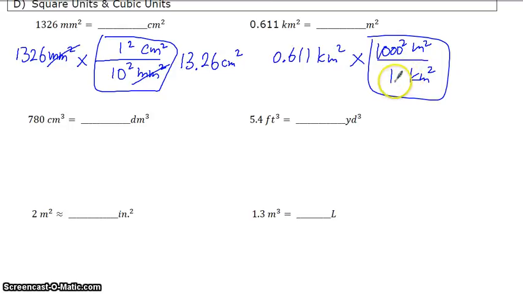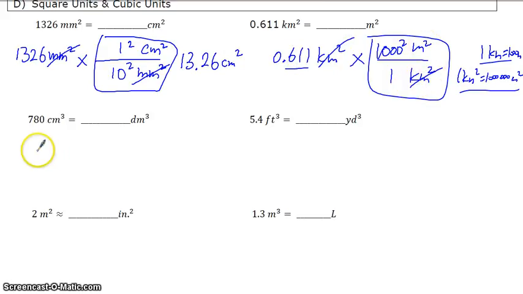Then we see here 1 kilometer squared is 1 million meters squared. 1 kilometer is 1,000 meters, but 1 kilometer squared is 1 million meters squared. By using the conversion factors but squaring them, you can see the relationship. So this cancels out and then you multiply this number by a million. Same for centimeters.